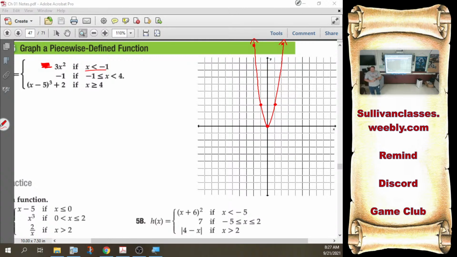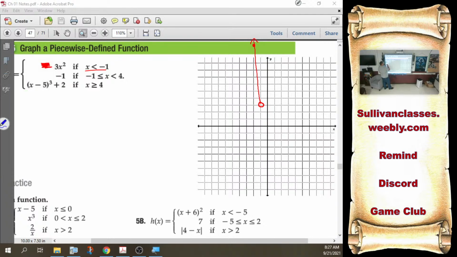So how do I change what I just made? Okay. I don't care about it after here. And because it says less than, not less than or equal to, open circle at x is negative 1.